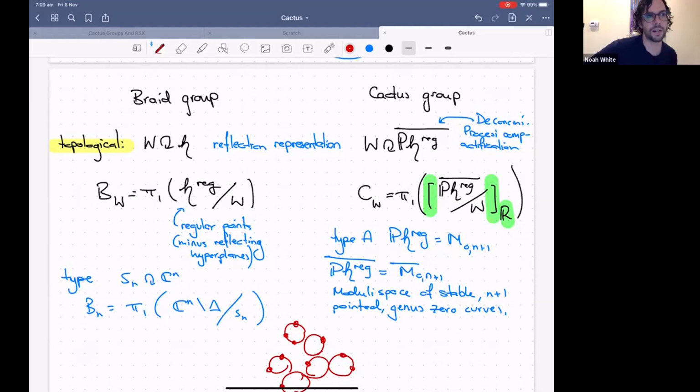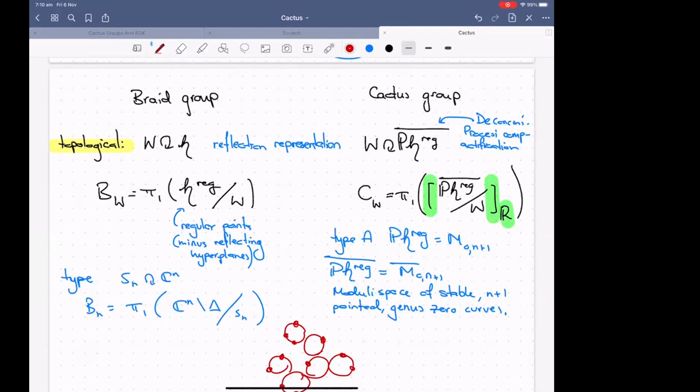You can even do it much more generally if you have an arrangement of subvarieties in a variety. So there's no symmetry assumed here, but because the compactification is functorial, if you have symmetry, which is certainly the case for the Coxeter arrangement, then the symmetry will act on the model.